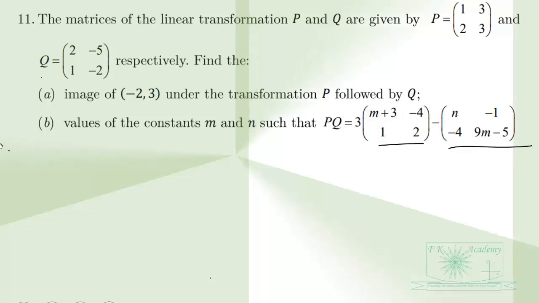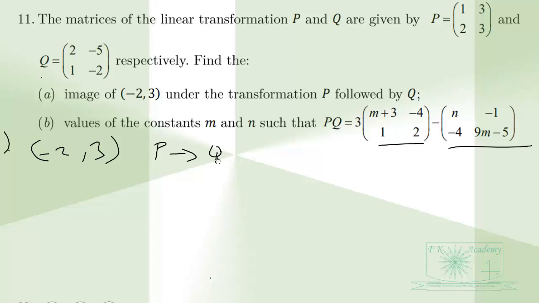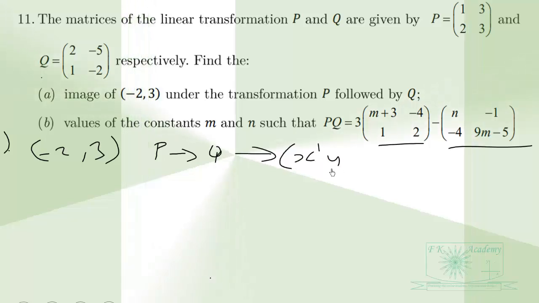So for part A, we were told that the point (-2, 3) was transformed under P followed by Q, and we got a result (x', y'). So we are looking for x', y'.